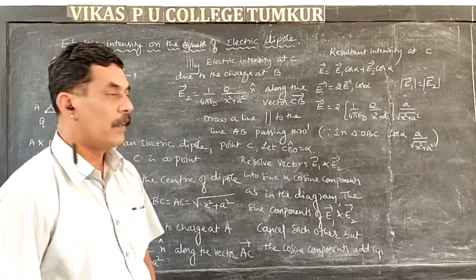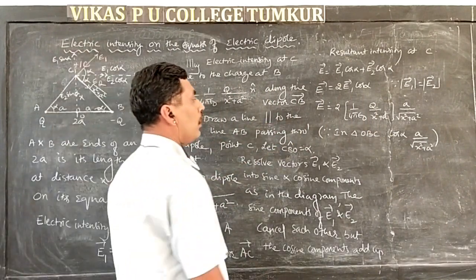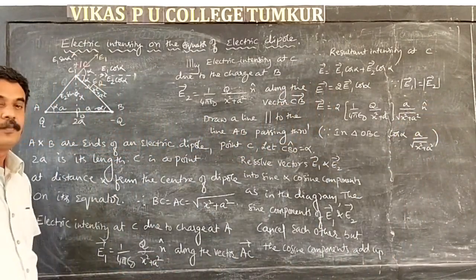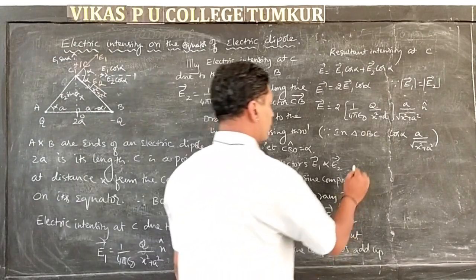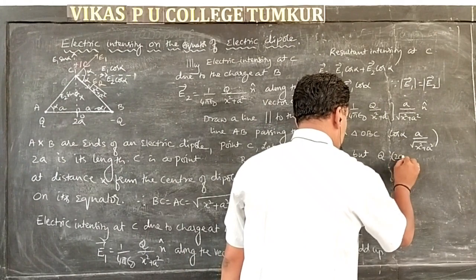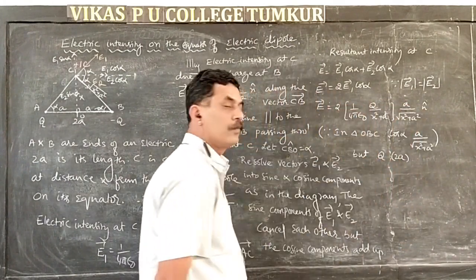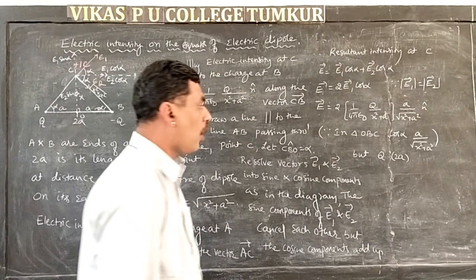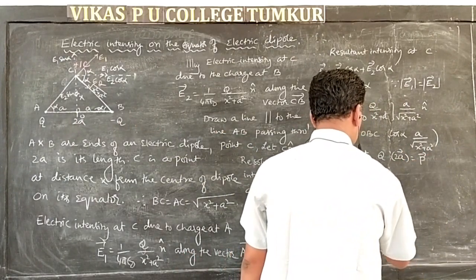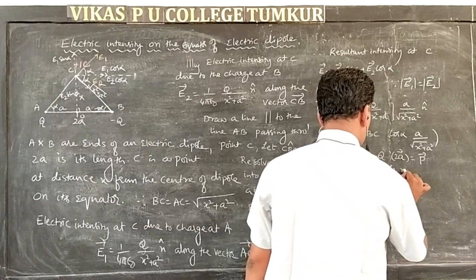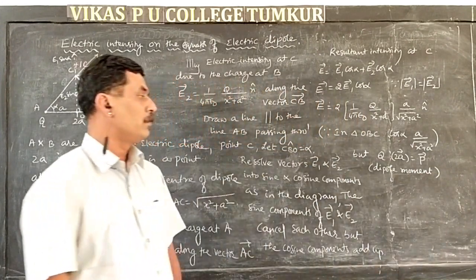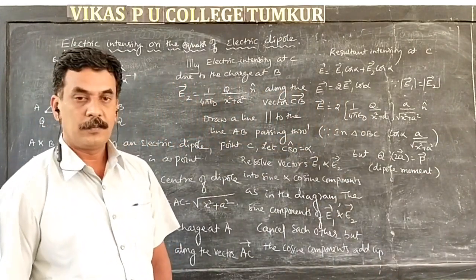So, very well understood. The unit vector here doesn't matter. But in 2a, you all know q into 2a is vector p, the dipole moment.